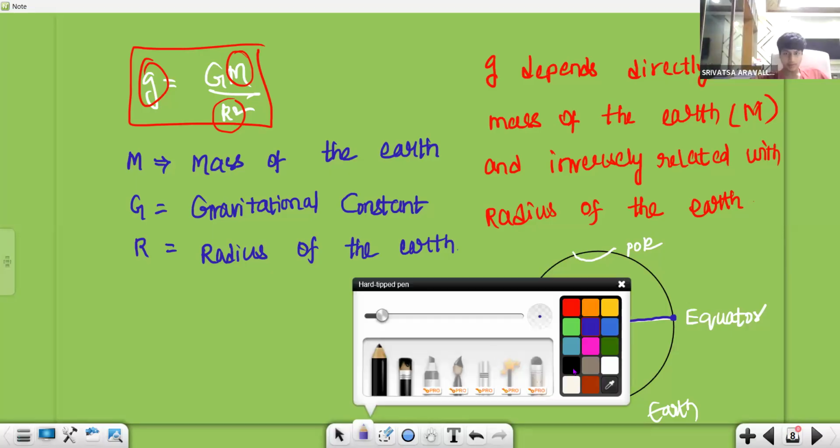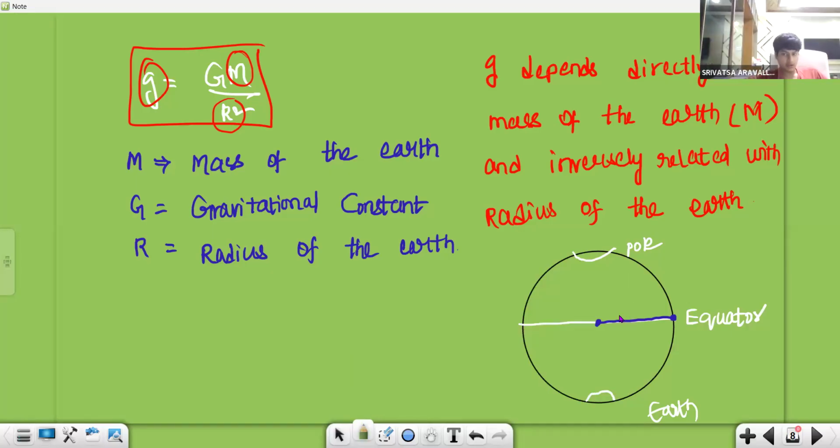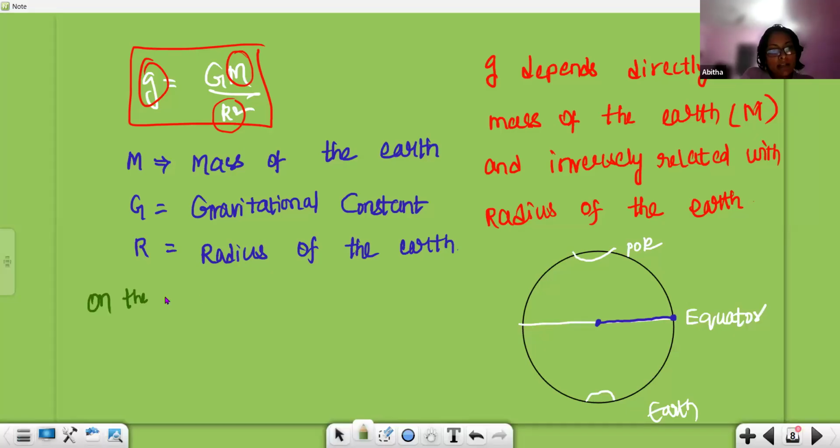I can see more radius on the equator side. Yeah, equator. On the poles, you have less radius. If radius is less, what about the acceleration due to gravity? So we can write: on the equator, radius is more.